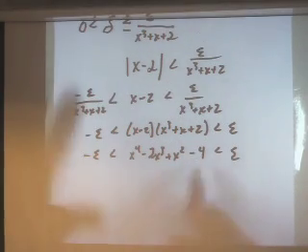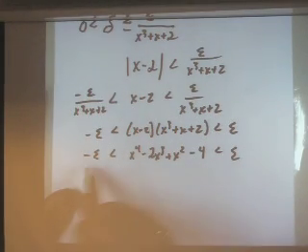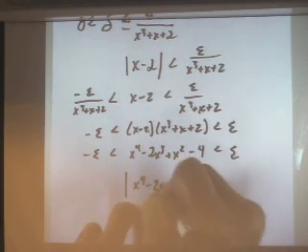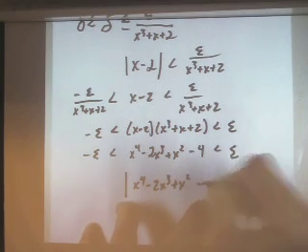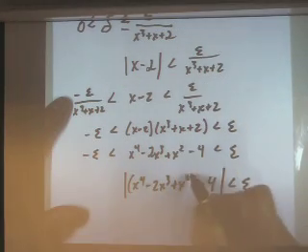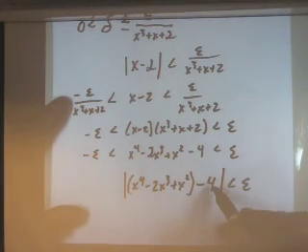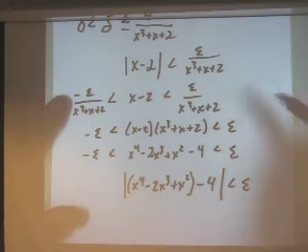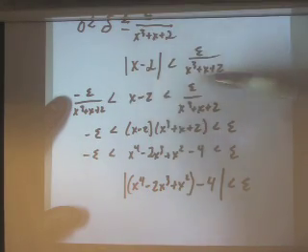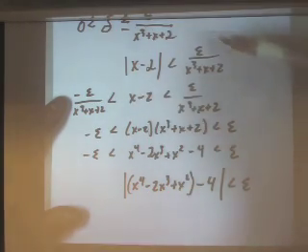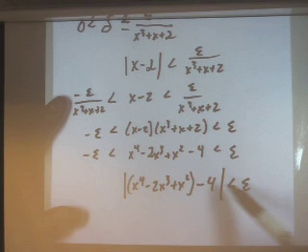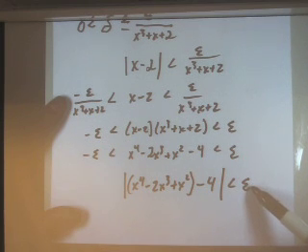Well, I have this polynomial less than epsilon, but greater than negative epsilon, so I can now write that as an absolute value expression. And we notice, oh, here's our function, and there's our limit value. And so indeed, if delta is some number that's equal to or smaller than this, then the distance between the function and 4 will be less than any arbitrary choice of epsilon. So we're finished.